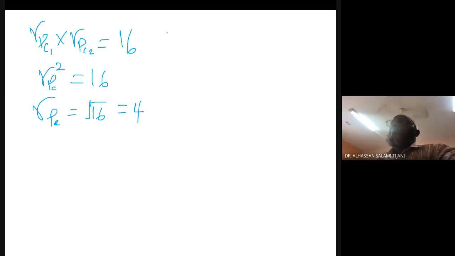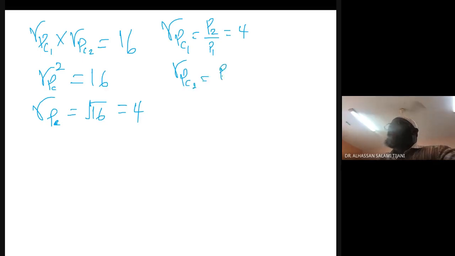So the pressure ratio for compressor number 1, P2 divided by P1, equals 4. Similarly, the pressure ratio for compressor number 2, P4 divided by P3, also equals 4. This is very, very important.